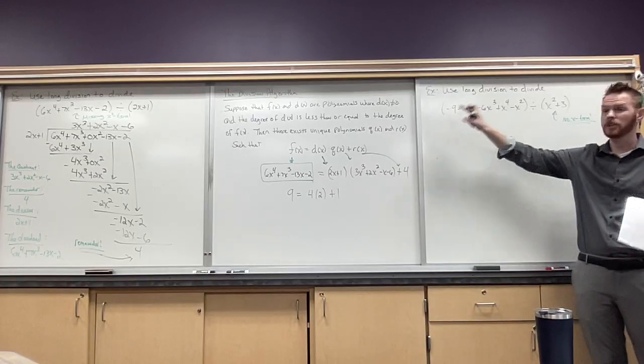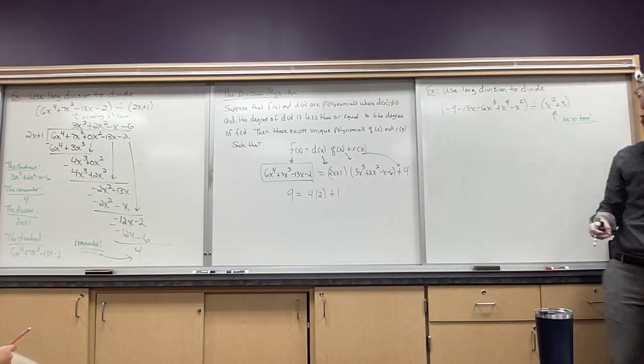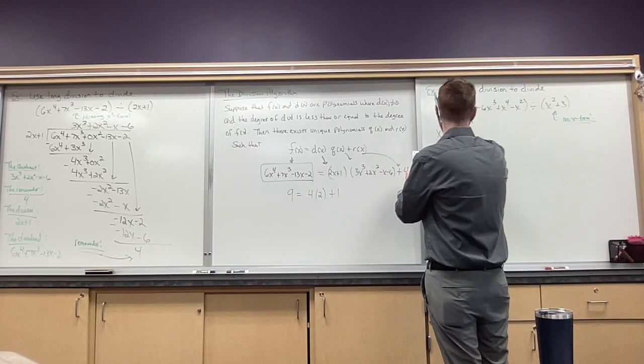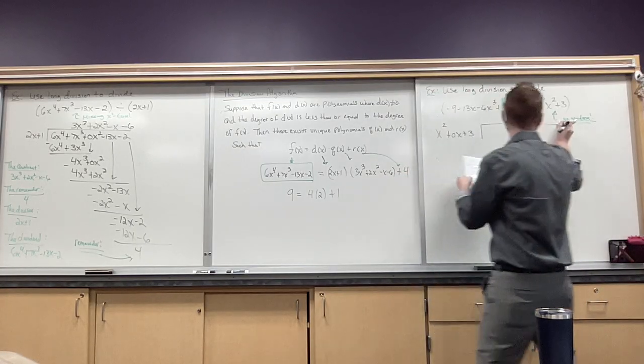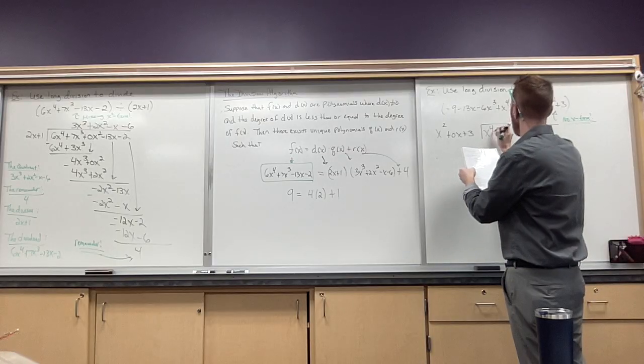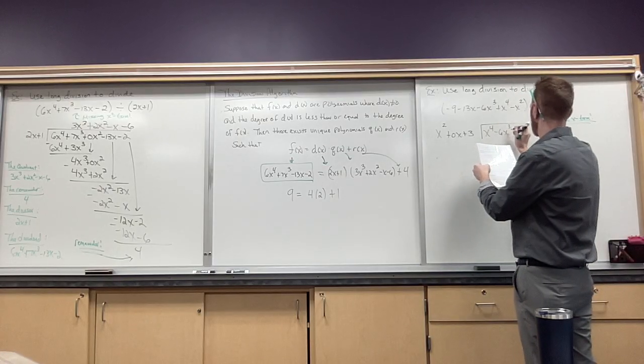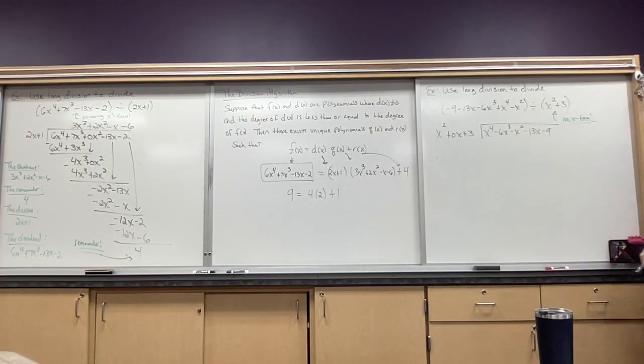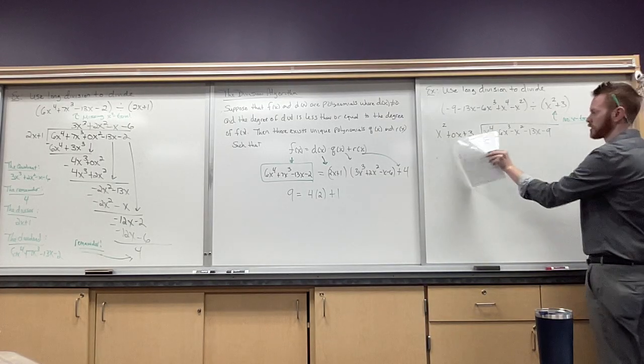And yes, if there's no constant, you still have to put a 0 as a placeholder. That's very important. So let me set this up: x squared plus 0x plus 3. And I'm going to write this in descending order. Just like that. So now we have an example where there's a 0 here as a placeholder.